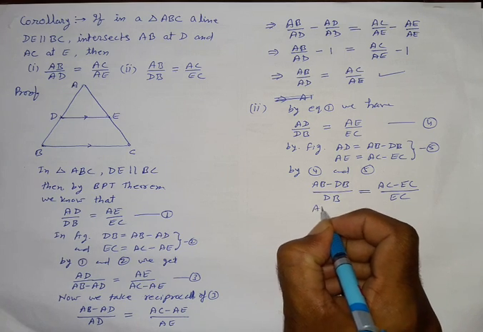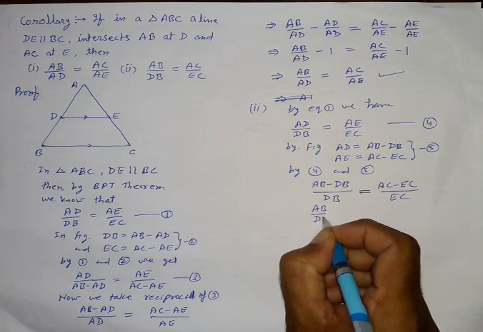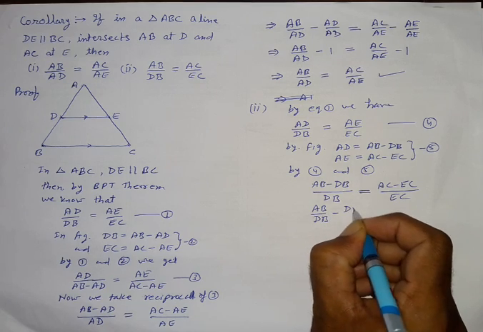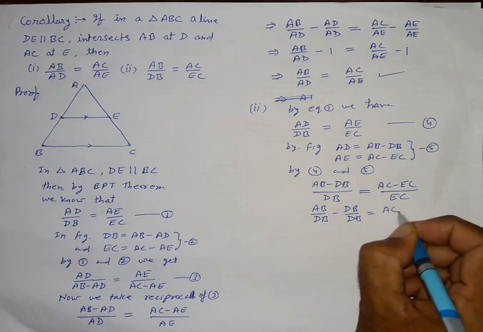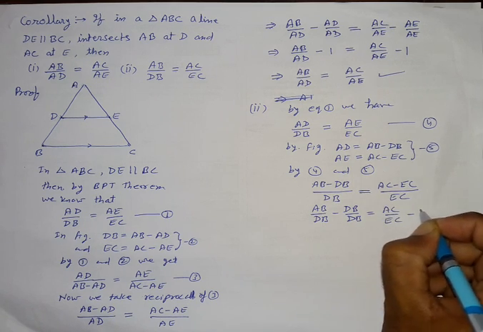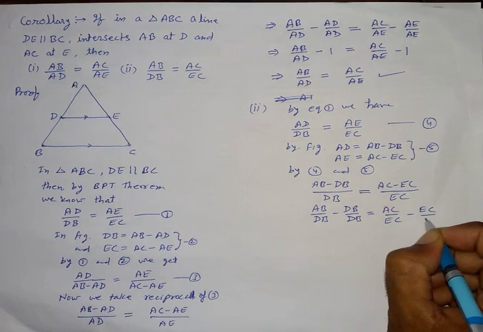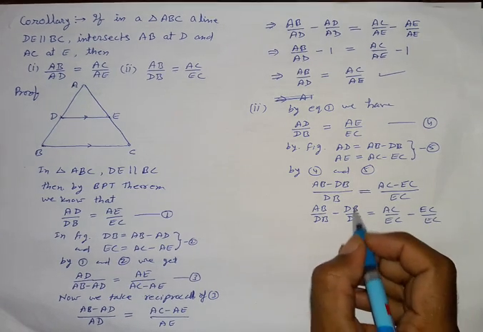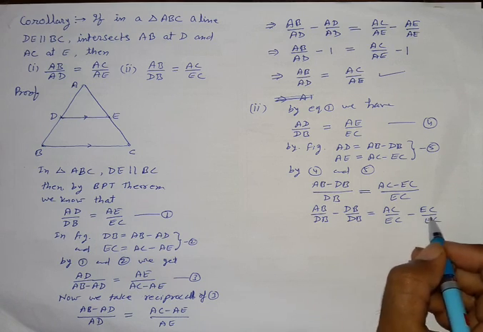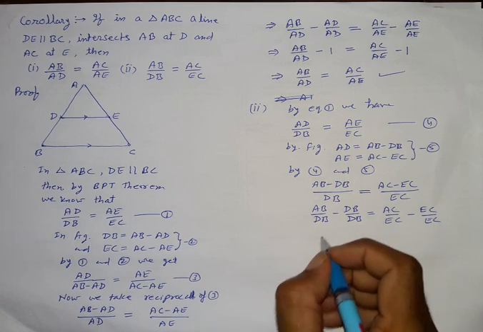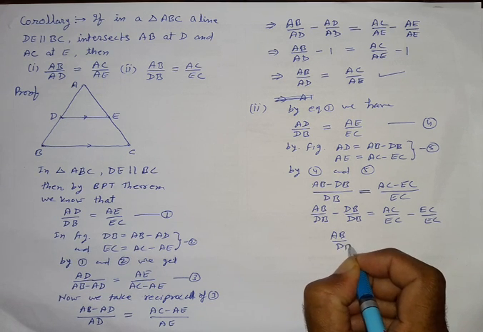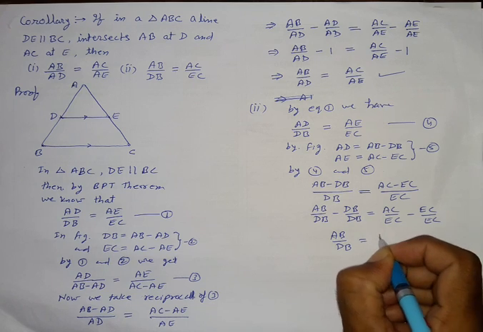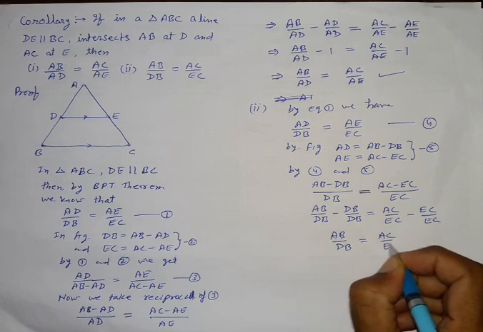We get AB upon DB minus DB upon DB is equal to AC upon EC minus EC upon EC. Here these cancel out and we get 1 on both sides, and that will cancel, so we get AB upon DB is equal to AC upon EC.